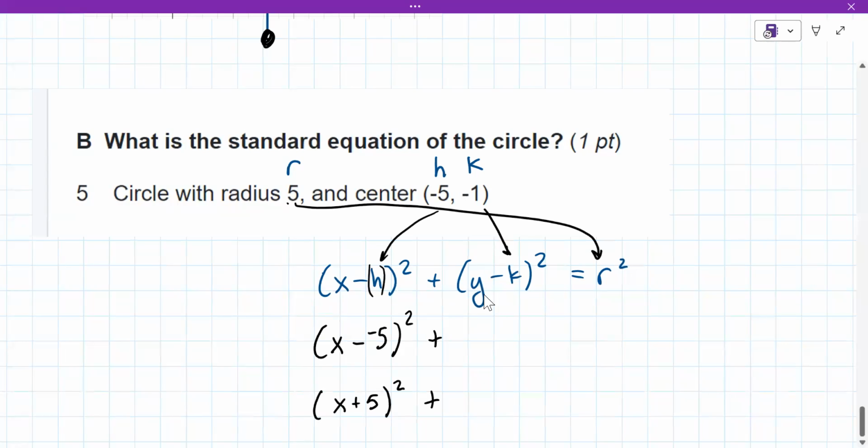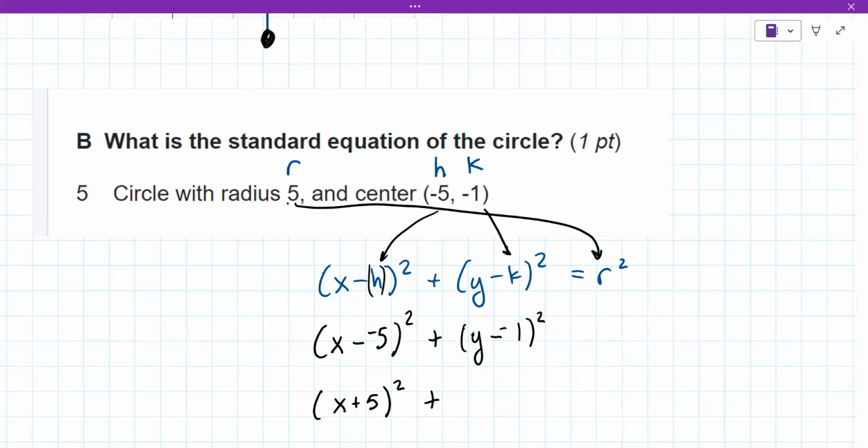Now you try the next one here. Tell me what the result is after you put in k into this equation. So for the next equation it'd be like y minus -1, squared.